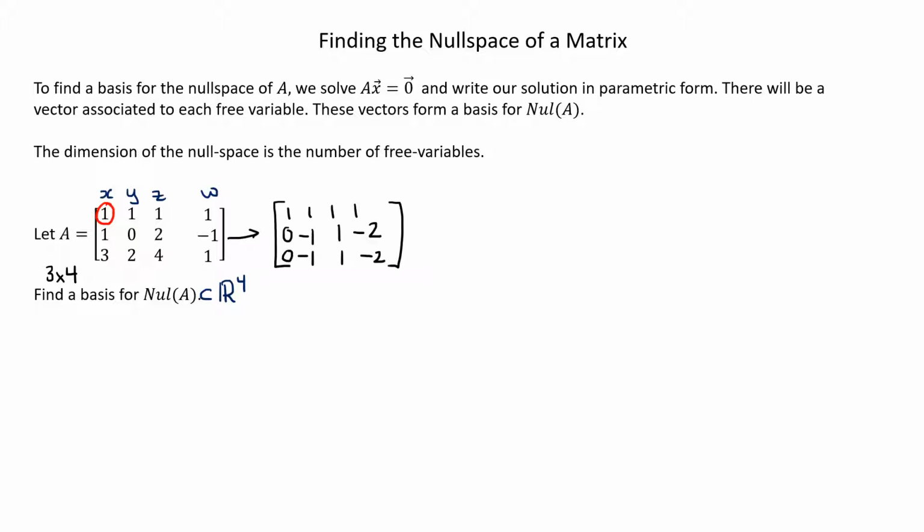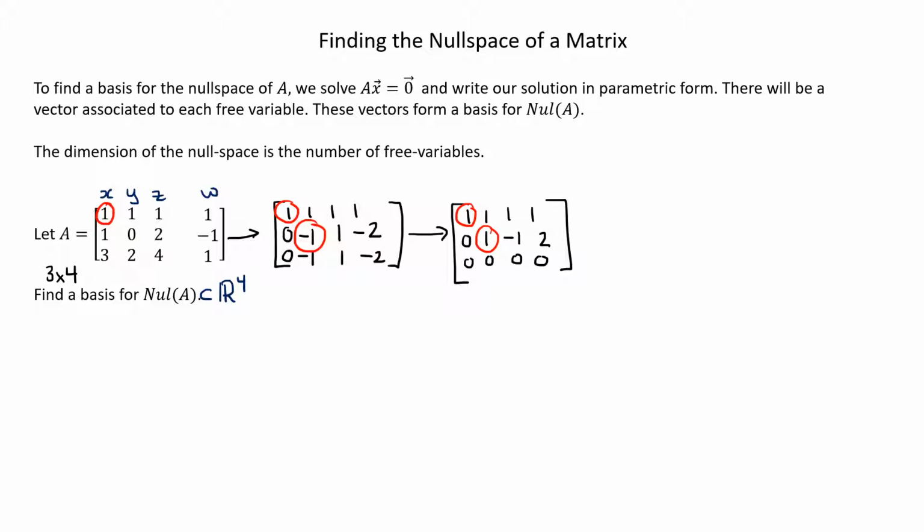Okay, at this point we've got this one pivot, and below it are all zeros. We have another pivot. We can see that row 3 is the same as row 2, so we can replace row 3 with zeros. At the same time, I'm going to multiply row 2 by negative 1.